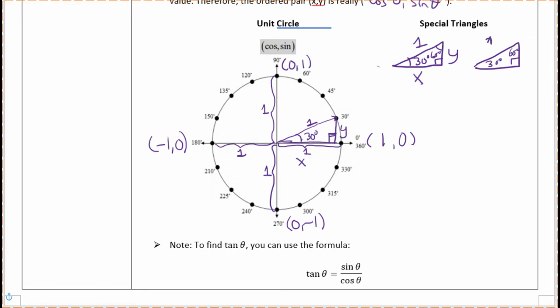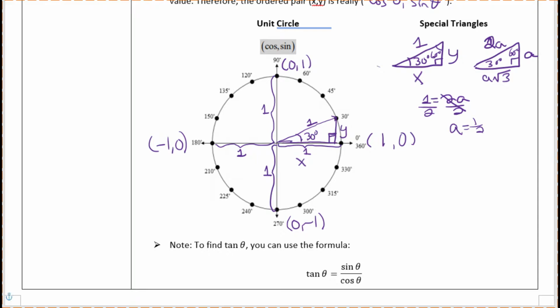So remember that for a 30, 60, 90 triangle, the 60-degree side is the a side, the 30-degree side is a square root of 3, and then the hypotenuse is the 2a side. So in this case, let's write our equation. So we have 1 equals 2a. So that means you need to divide by 2 on both sides. And so a equals 1/2.